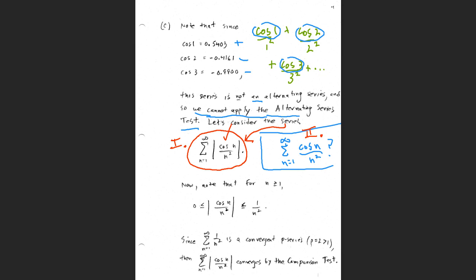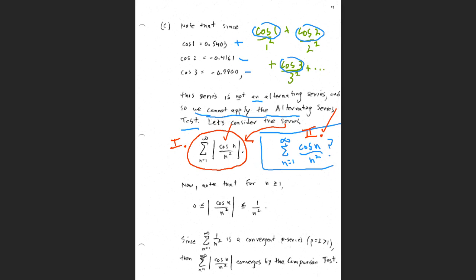If this series, with the absolute values of the terms, converged, if it had a finite sum, then the series we're interested in would also have a finite sum. And why is that? Which series has a larger sum, series 1 or series 2? That's right, Javier. That's right, Ange. Series 1, because all the terms of that series are positive.